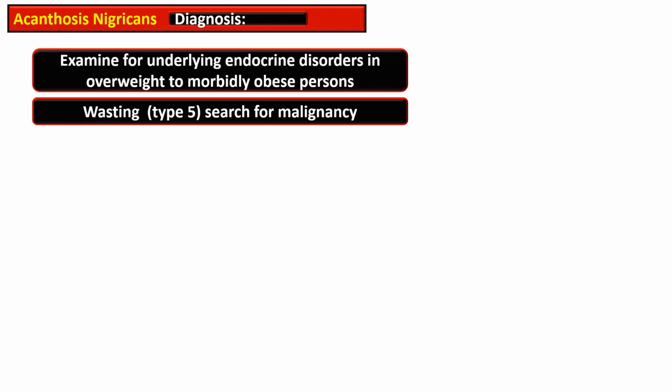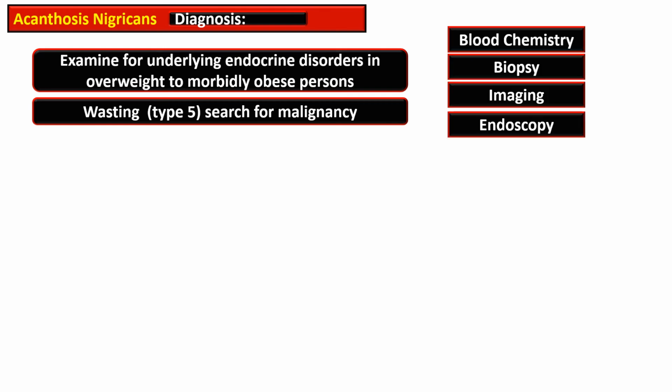To make a diagnosis of Acanthosis nigricans, careful clinical examination is essential for underlying endocrine disorders in overweight to morbidly obese persons, and especially if there is wasting of the muscle, one should look for malignancy.